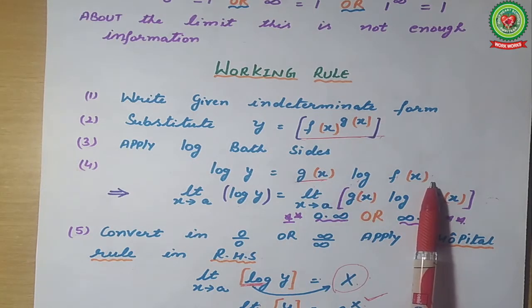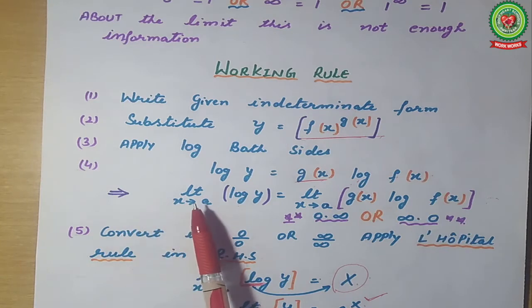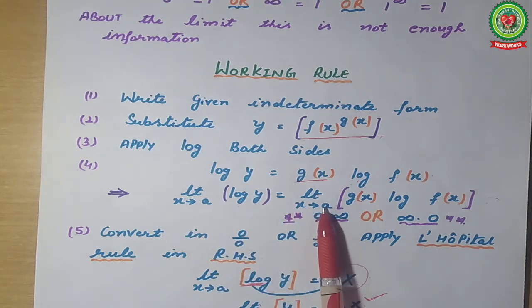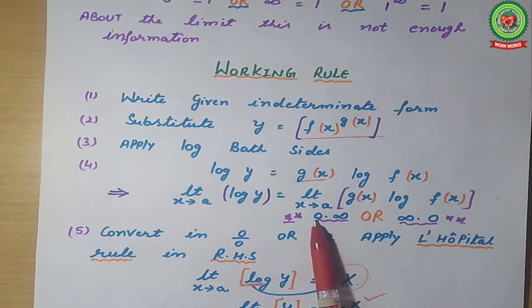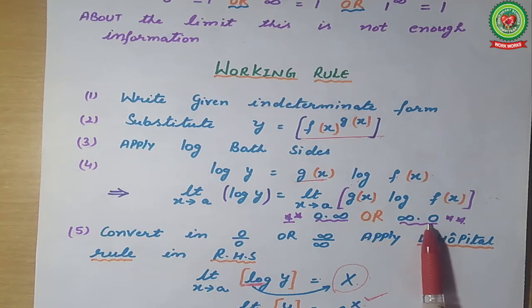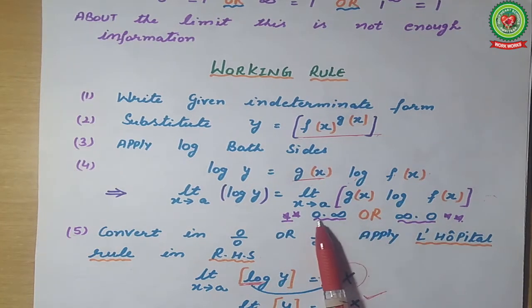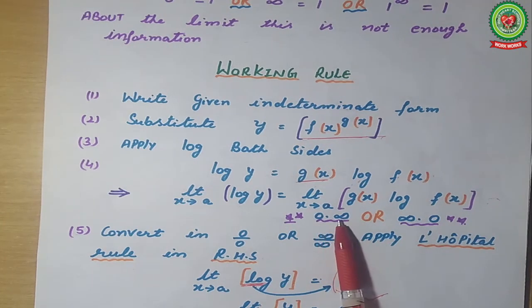Clear? Now, according to the next step, you will approach the limit on both sides, the left hand side and the right hand side. When you approach the limit on the given function, you will find either the 0 into infinity form or the infinity into 0 form. We discussed the 0 into infinity form in our third lecture.